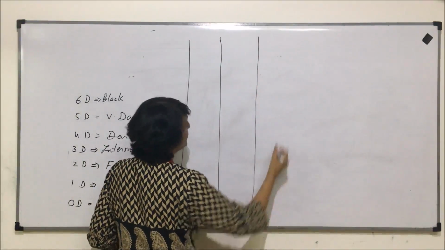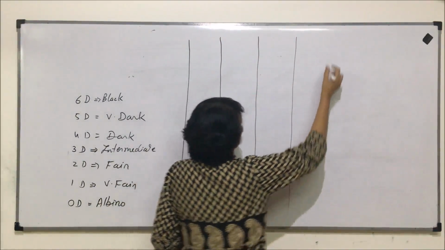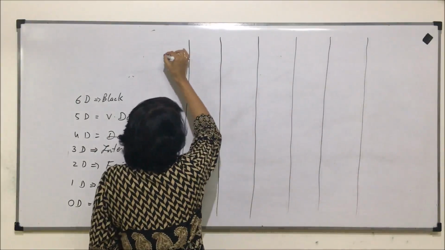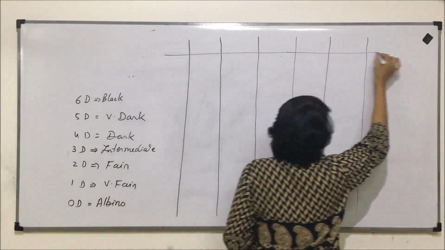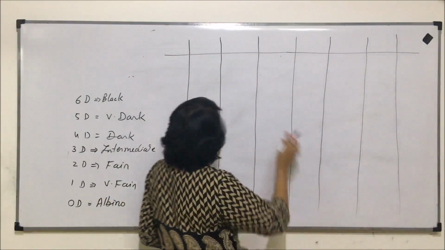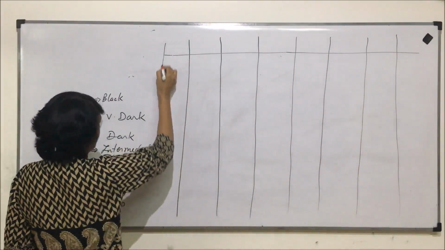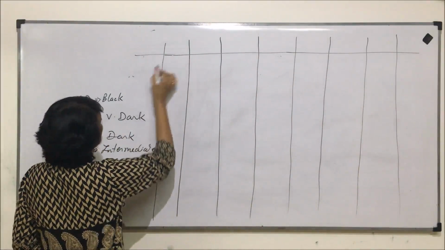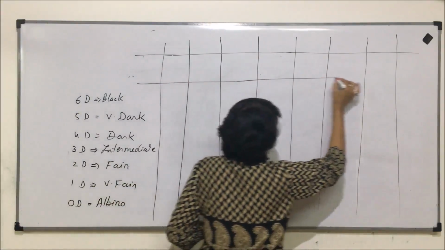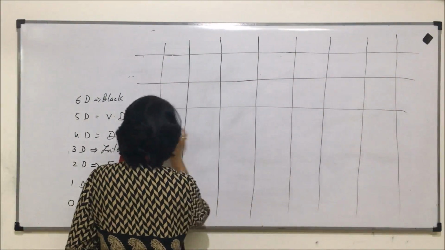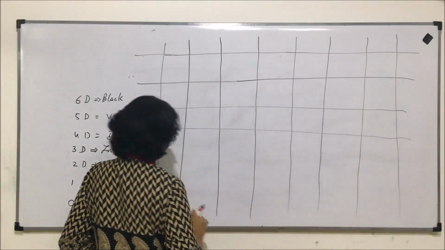And by filling this Punnett square, we will also talk about a shortcut so that we save time on all these things. So this is 1, 2, 3, 4, 5, 6 and 7. Let us take this also. 1, 2, 3, 4.